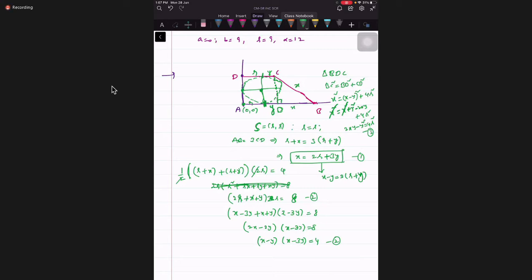But still the presence of X is there. More than this we cannot apply any idea. Why are we taking more time? Because of many unknowns, and we cannot convert this into geometry. I'm just looking for anywhere I can convert into geometry, but it is not at all possible.